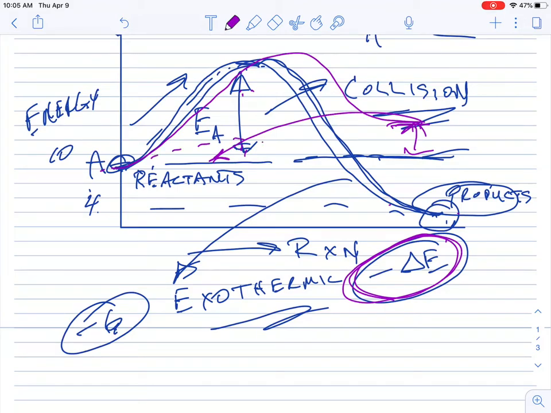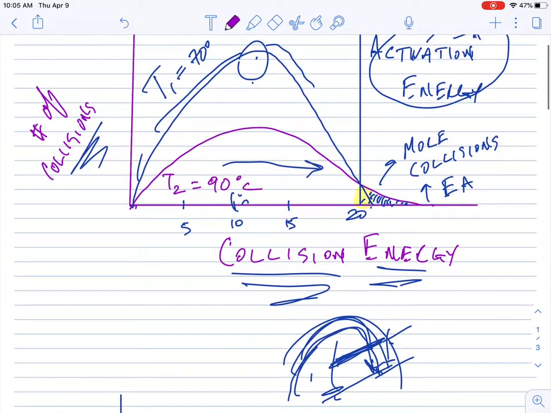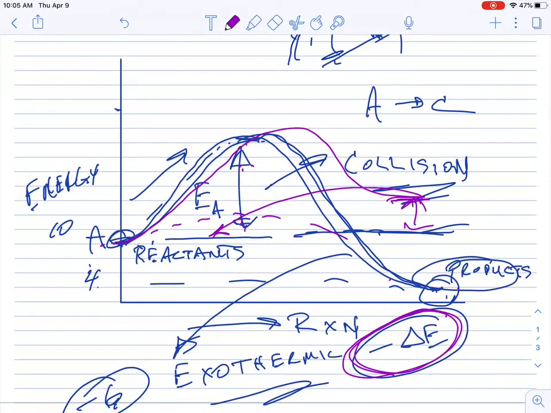If you have a smaller activation energy, then if you go back to this graph, if you can lower that activation energy like back to here, then you're going to have more and more of those collisions that are above that point. So that's basically what you can manipulate. You can manipulate the temperature and the number of collisions relative to the activation energy, or you can shift the activation energy line itself.